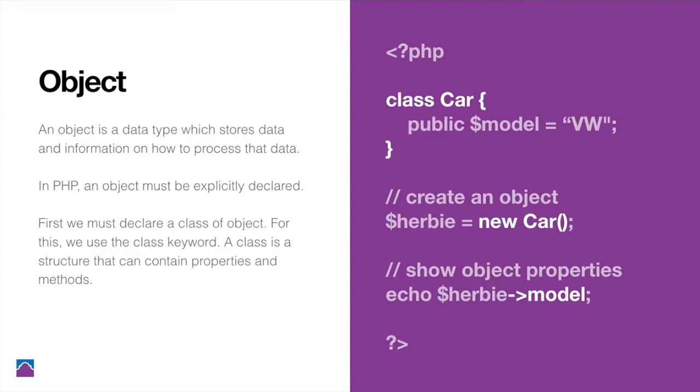To reference properties, it's just a dash and an arrow, and then you can call a variable or a function. In this case, I set an internal public variable called model, so I can say Herbie and then reference model, and it'll output VW. So if I run this code, it will execute and display VW.